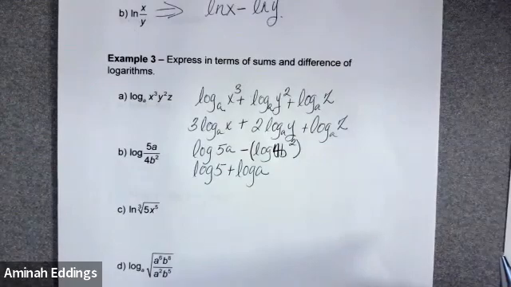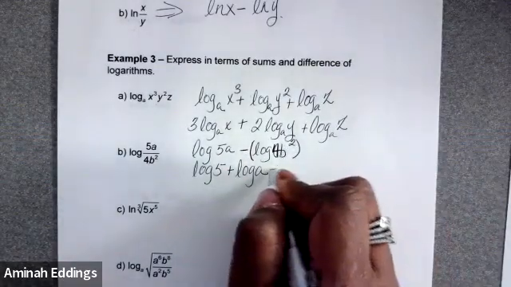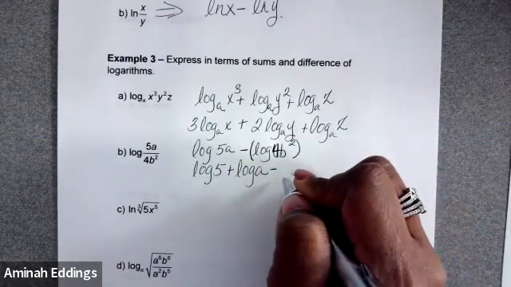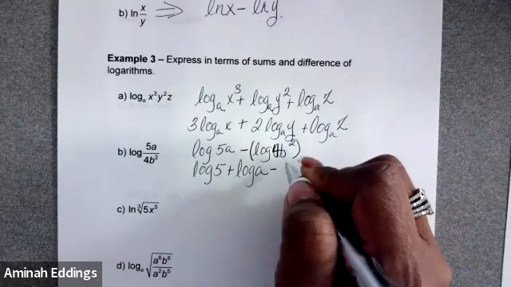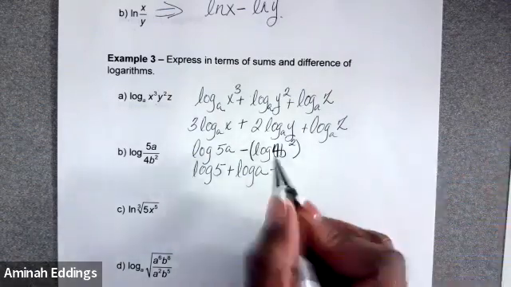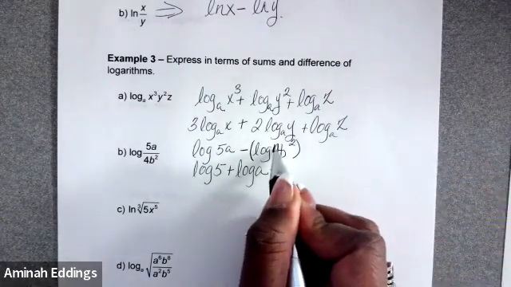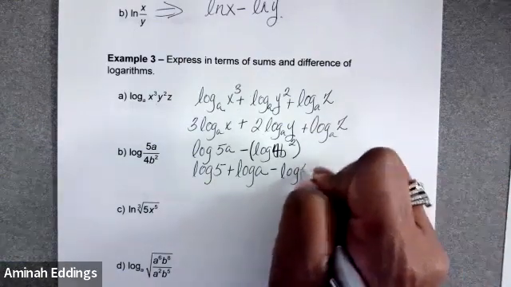Make sense? Minus what? Oh, you jumping ahead. Let's hold off on that 2 for the moment. This is multiplication, right? So that means I can expand it out by saying minus log 4.